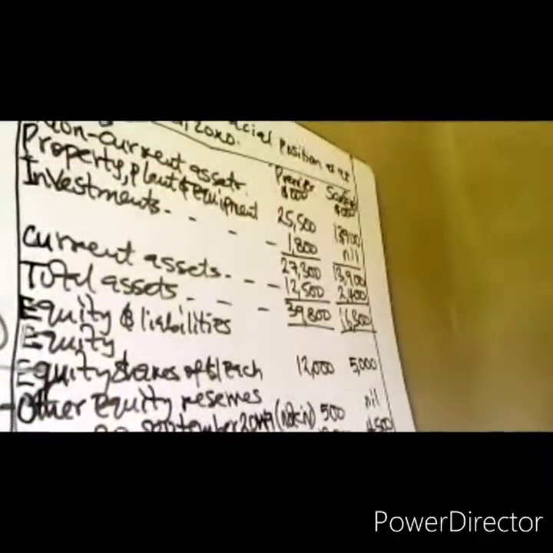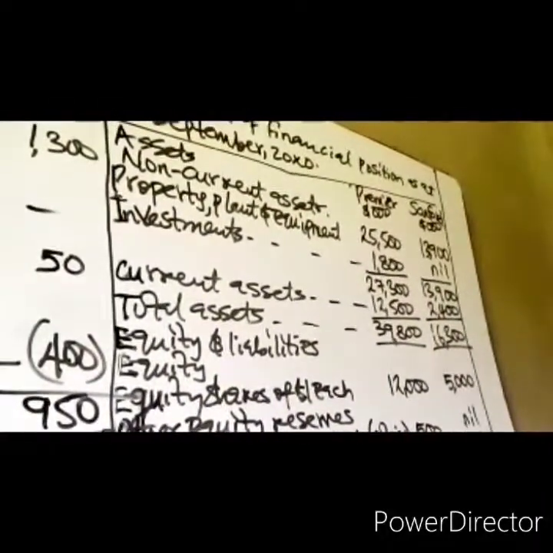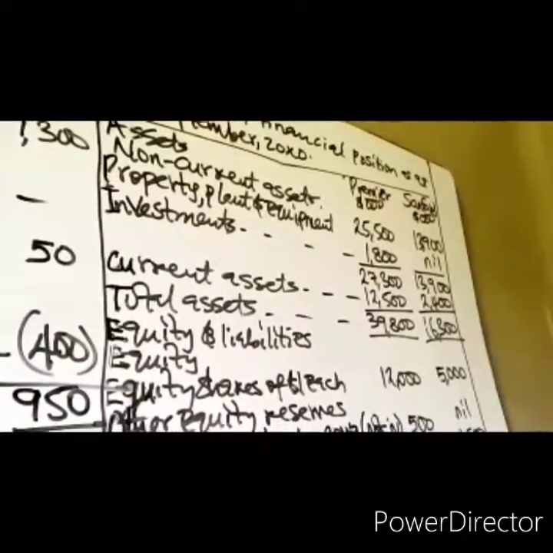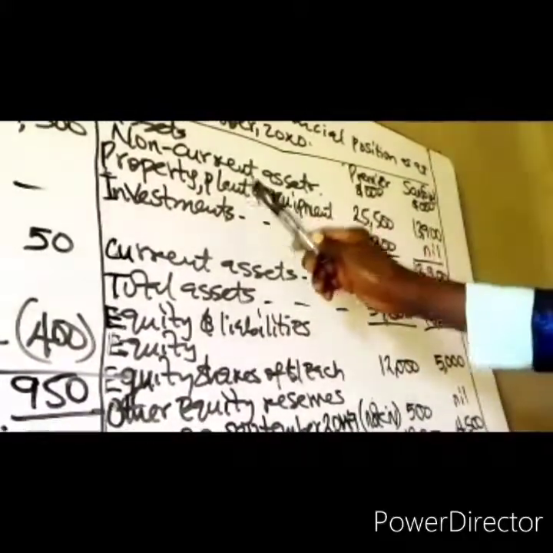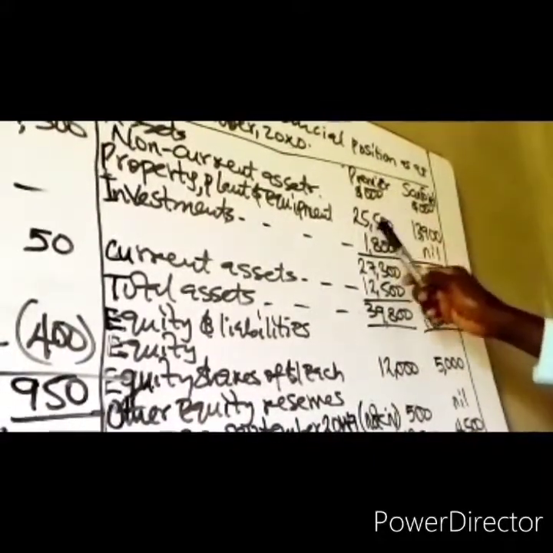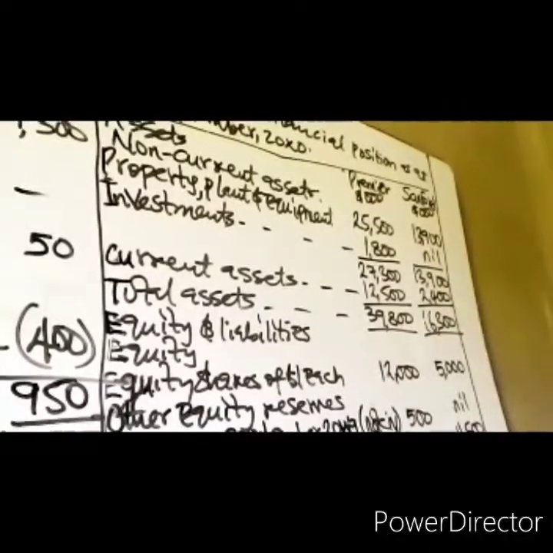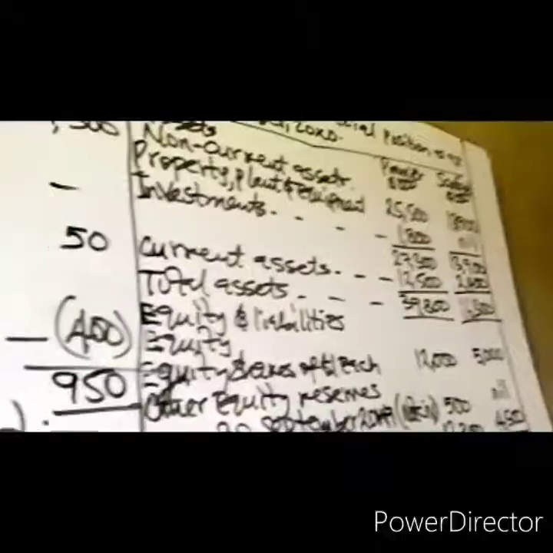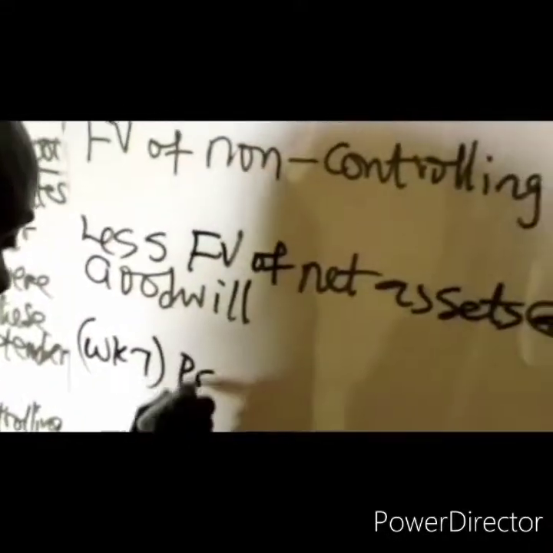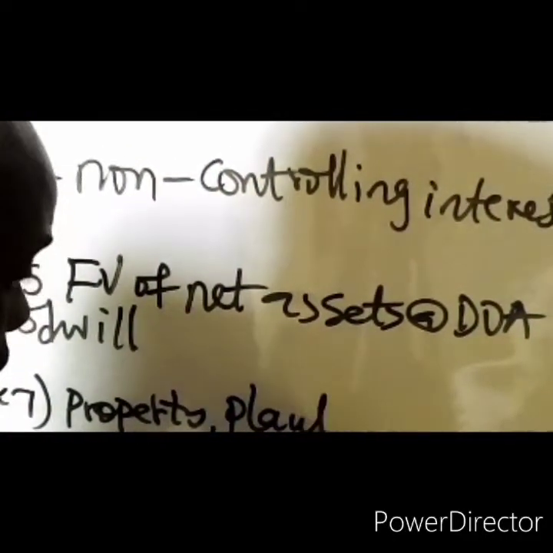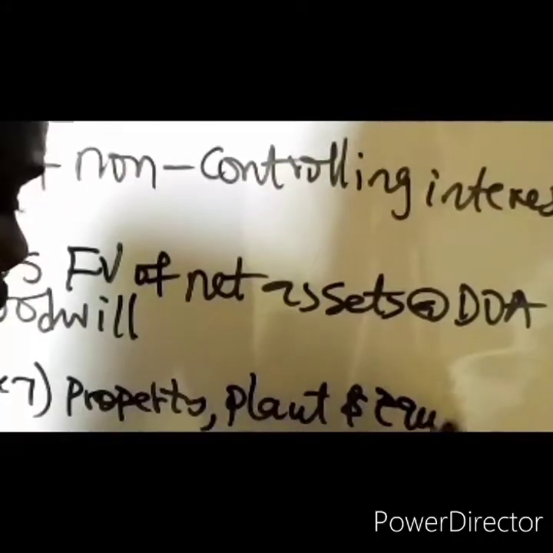You are given property, plant and equipment of 12.5 million for Premier and 13.9 million for Sanford. Working 7: property, plant and equipment.